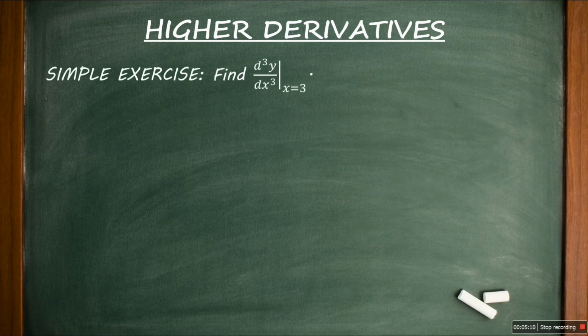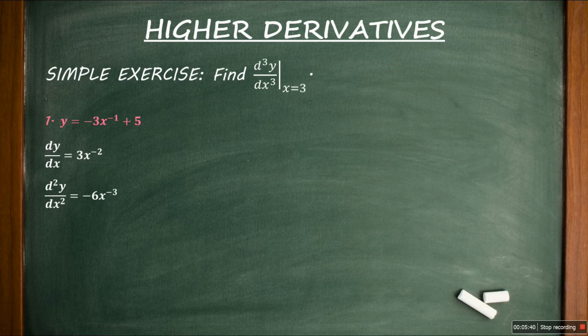Okay, the next exercise is to find d3y/dx3 with x equal to 3. For the first question, y equal to negative 3x to the power of negative 1 plus 5. The first derivative we will get 3x to the power of negative 2. Then we continue to the second derivative and we will get negative 6x to the power of negative 3.